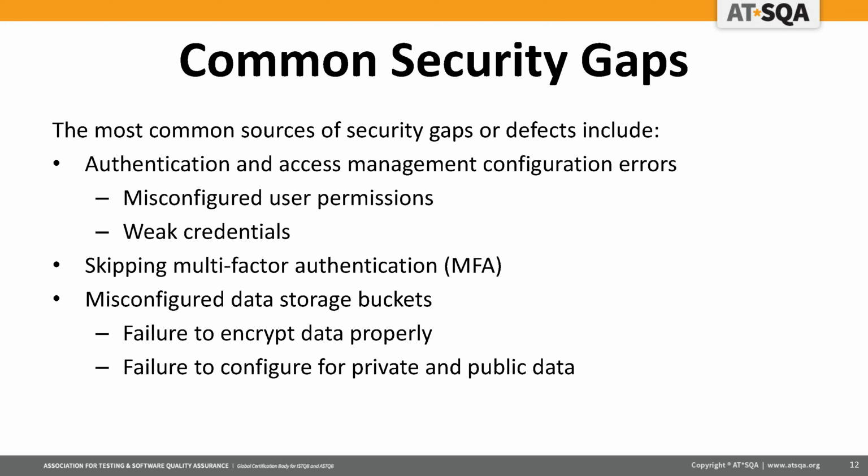For example, misconfigured user permissions and weak credentials, skipping enabling MFA, multi-factor authentication, misconfigured data storage buckets, for example, failure to encrypt data properly. Also, failure to configure for private and public data access.